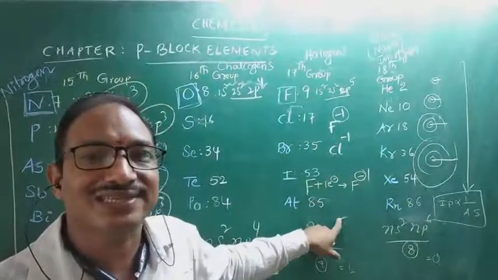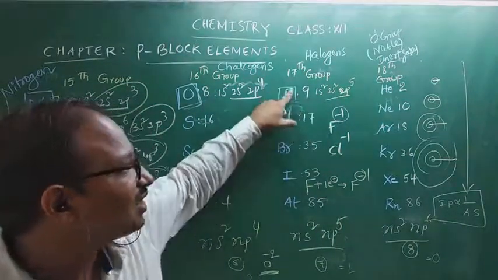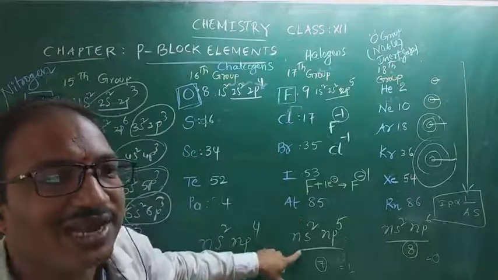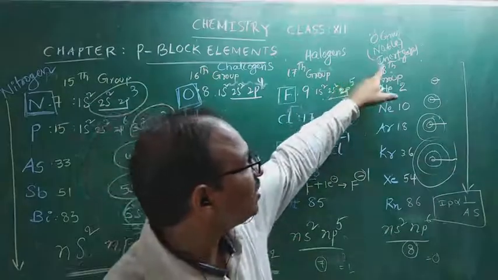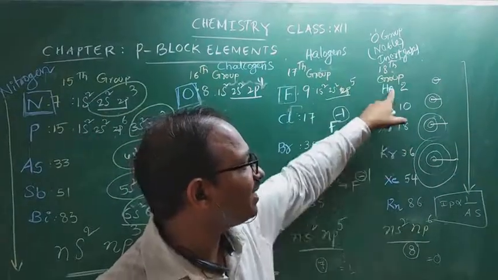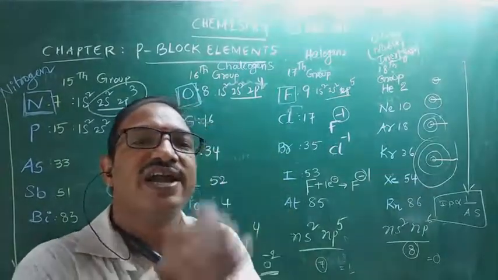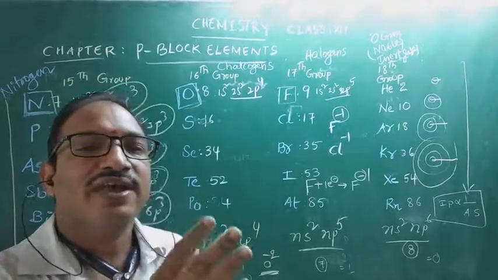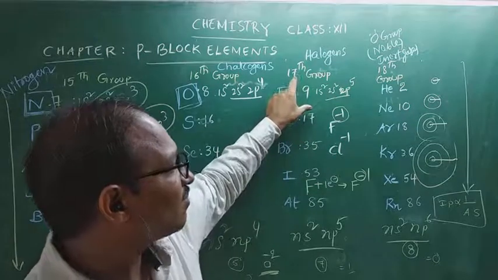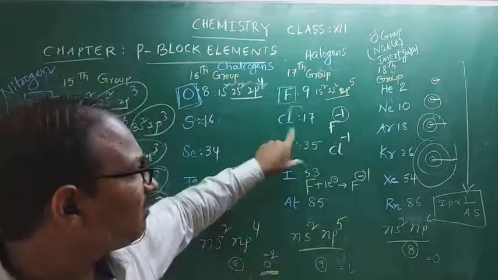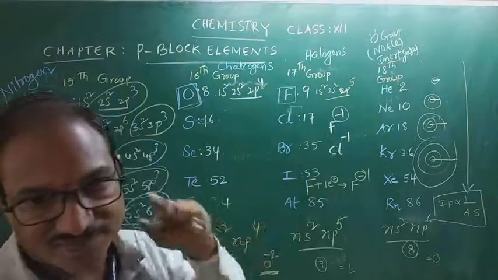Because energy is released. In case of 18th group elements, electron gain enthalpy values are positive, meaning energy is required to add one electron. Electron gain enthalpy values generally decrease from top to bottom, but chlorine has a higher electron gain enthalpy than fluorine.